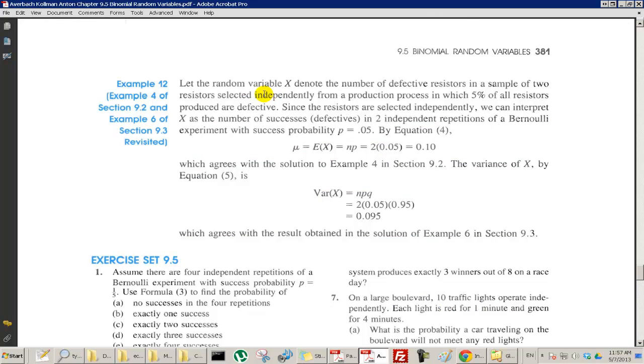And this one: let x be the random variable that denotes the number of defective resistors in a sample of 2 resistors selected independently from a production process in which 5% of all resistors produced are defective. So the word that they're selected independently allows us to treat this as a binomial random variable. So we can interpret x as the number of successes, and we're going to call defective successes.